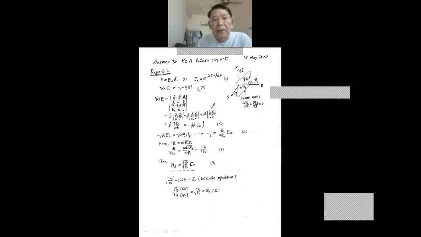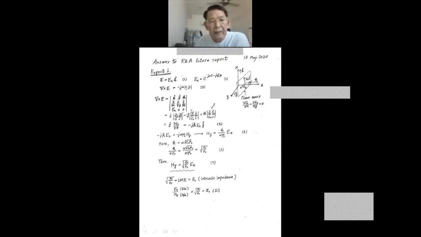This is the Faraday equation. So first, calculate rotation E. Rotation E is this matrix calculation. IJK: I is x direction unit vector, J is y direction unit vector, and K is z direction unit vector, and the numbers are d/dx, d/dy, d/dz, and the E field is Ex only.